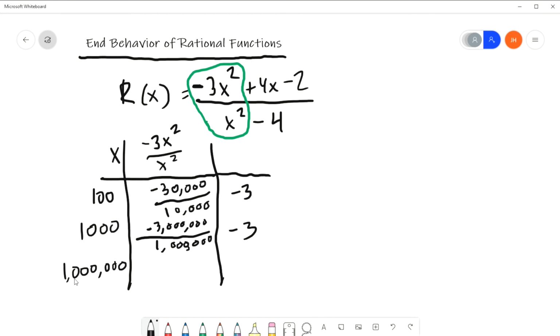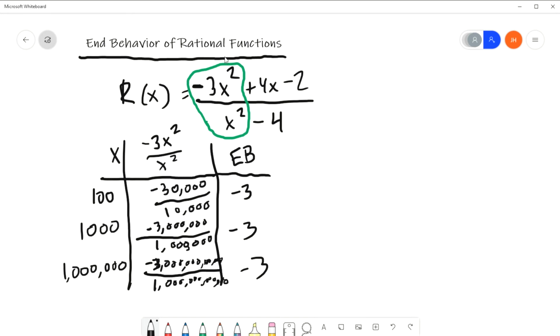It couldn't possibly be the same, could it? 1 million squared is 1 trillion, times negative 3 is negative 3 trillion. And that'd be all over 1 million squared, which is 1 trillion. Well, what's negative 3 trillion divided by 1 trillion? Negative 3.